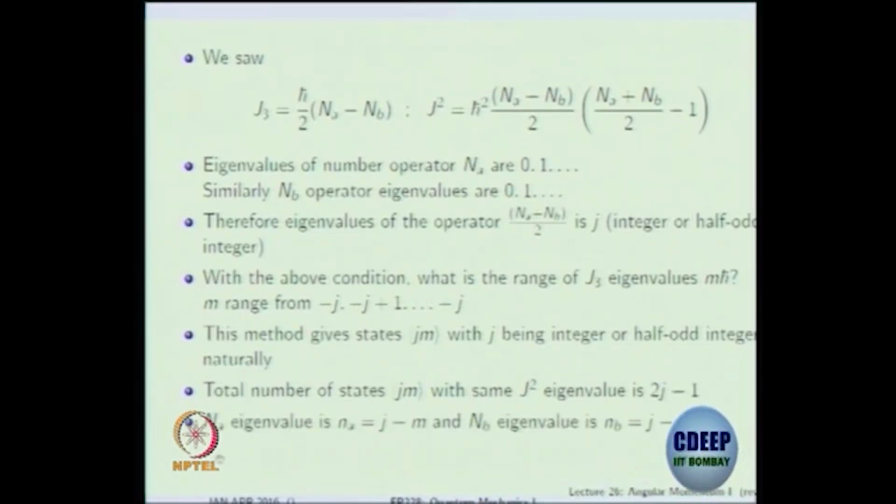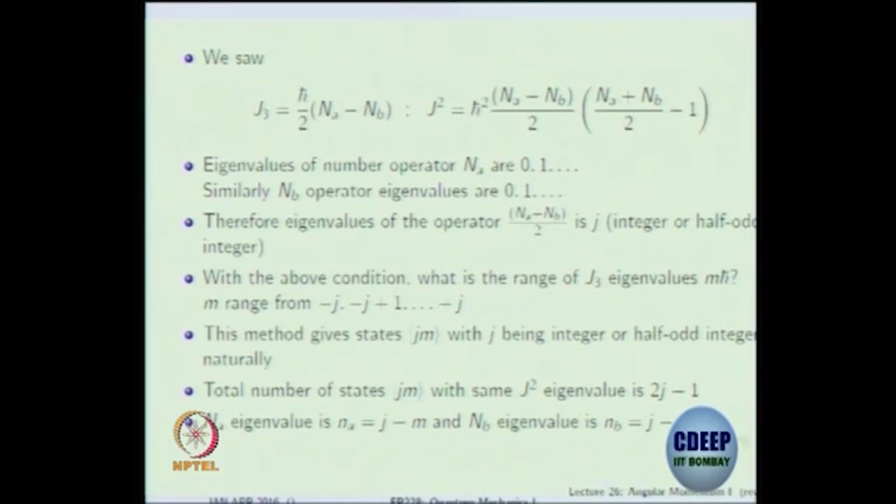You can also rewrite the eigenvalue of Na in terms of j and m. We'll see why we want to do this. Given (Na plus Nb) by 2 is j, and (Na minus Nb) by 2 is m, you can write the eigenvalue of the number operator Na as j plus m, and similarly the eigenvalue of the number operator Nb is j minus m.